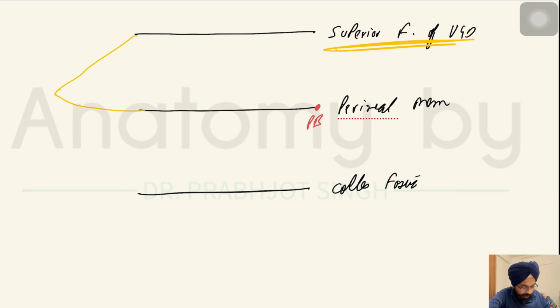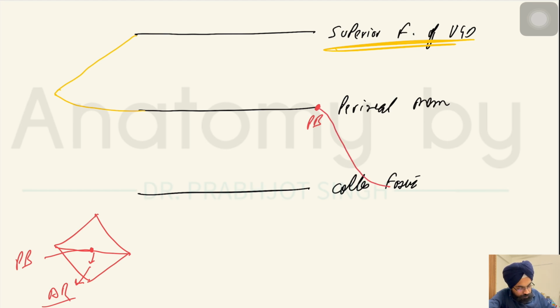Posterior to the perineal body, mind you, right now I'm talking about this triangle, and over here you have the perineal body. Posterior to the perineal body, in the anorectal triangle, the perineal membrane splits into two. One layer goes superiorly, another layer goes inferiorly.